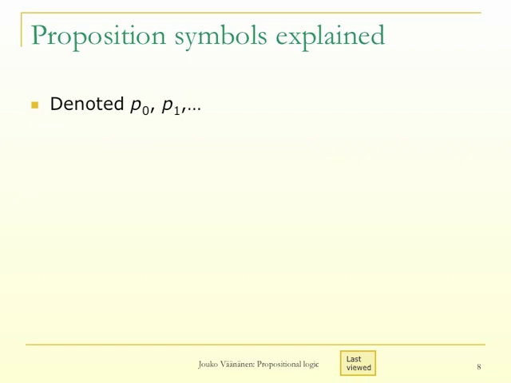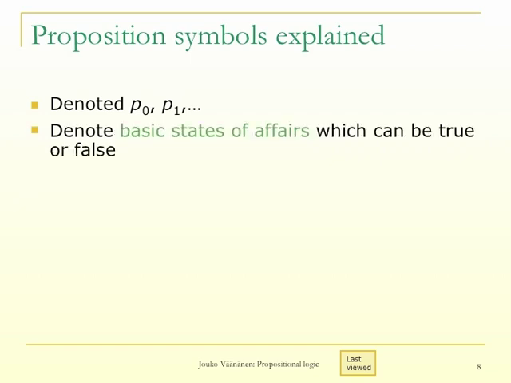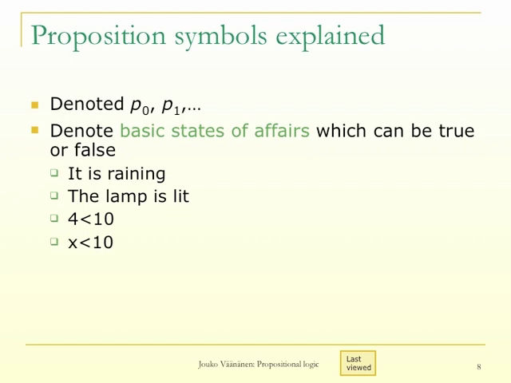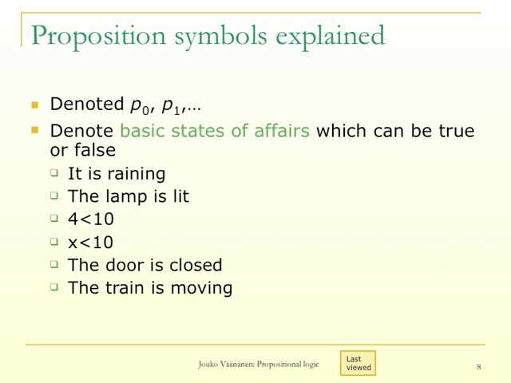They denote basic states of affairs which can be true or false, such as: it is raining, the lamp is lit, 4 less than 10, x less than 10, the door is closed, the train is moving, the switch is on, I am in Rome.